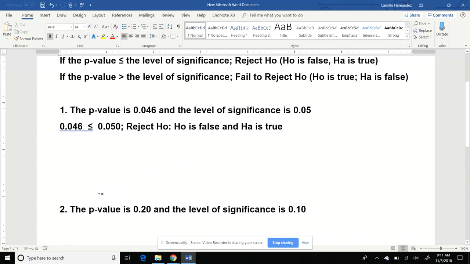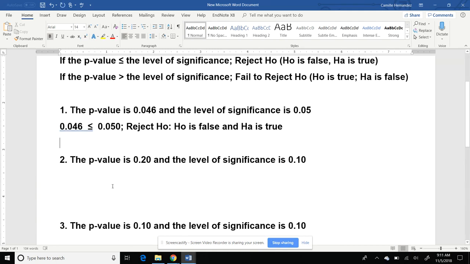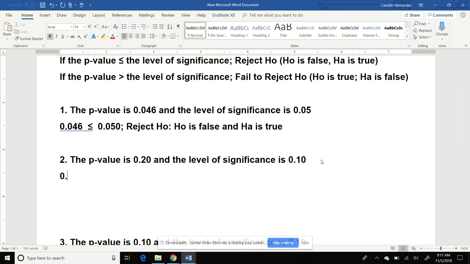I'm going to bring this one up so you can see it with the other ones because it might be good to compare it. So here I have a p-value of 0.20, and then I have a level of significance of 0.10. All right, well, something else is going on here. This 0.20 is greater than this 0.10. So that means I'm going to take this greater than symbol and I'm going to do this. And again, when I'm doing real research, I write this down so I can go back and look at it if I ever have questions.